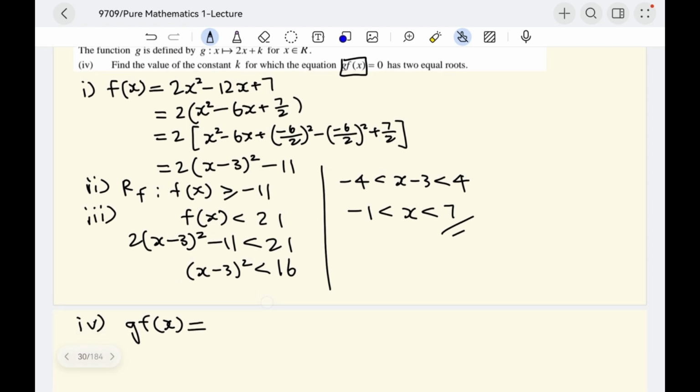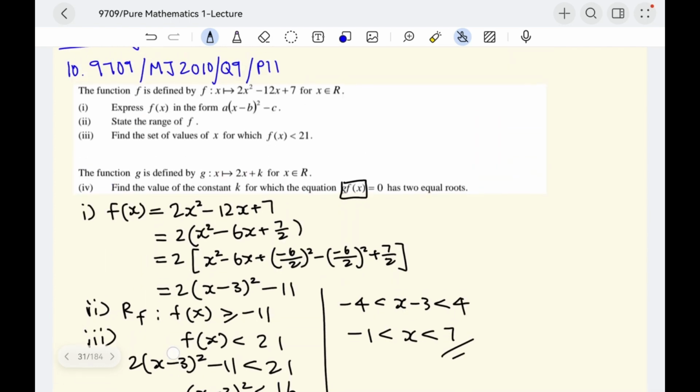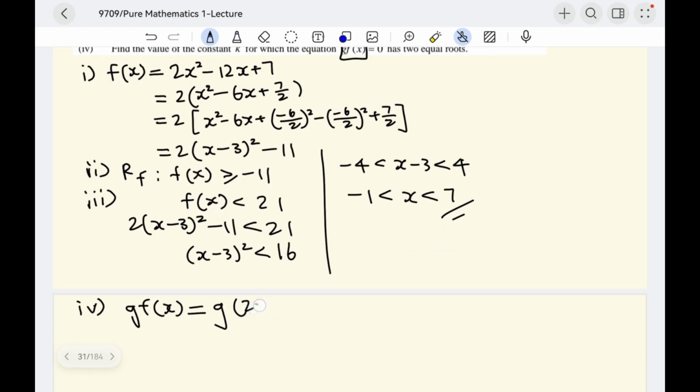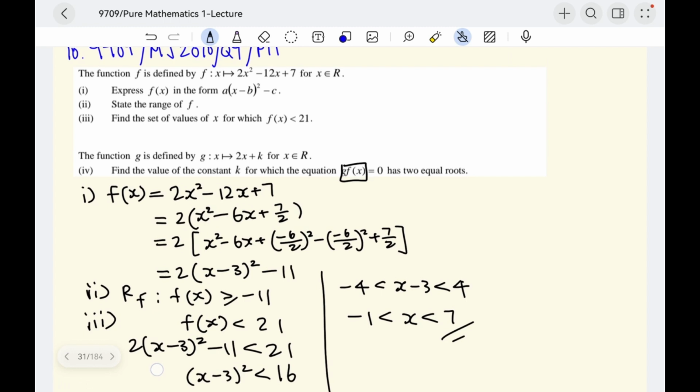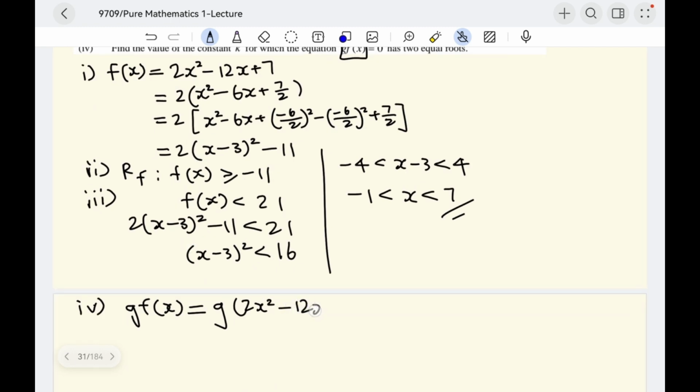So substitute your f(x) as 2x squared minus 12x plus 7, but instead I will just directly use 2(x minus 3) squared minus 11. You can do it this way.